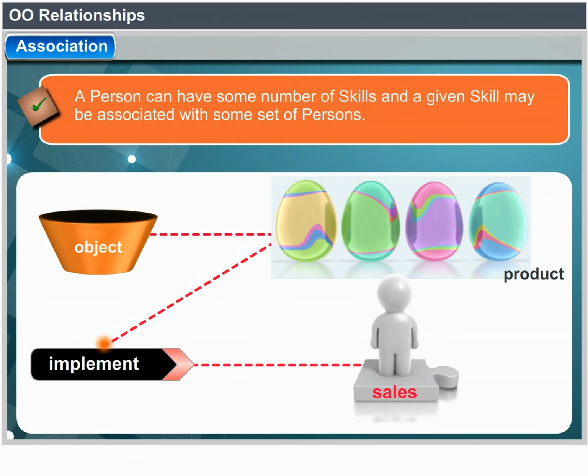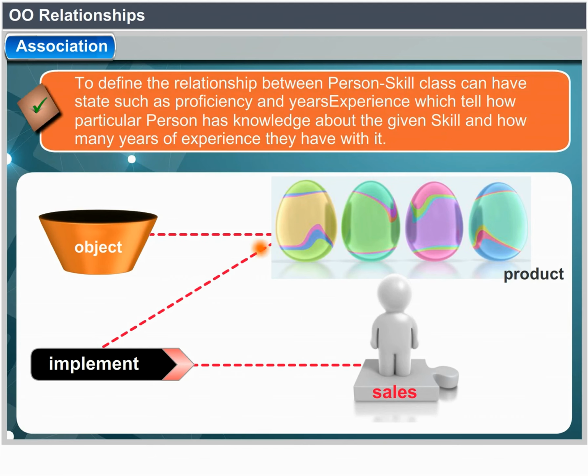A person can have some number of skills, and a given skill may be associated with some set of persons. To define the relationship, a person skill class can have state such as proficiency and years experience, which tell how good a particular person is at a given skill and how many years experience they have with it.